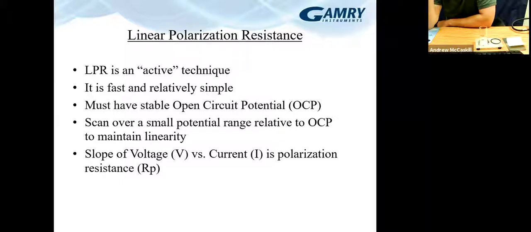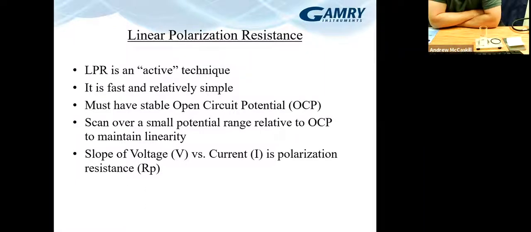It is a very fast and simple experiment to perform. The devil's always in the details, and the devil might pop up today. We'll wait and see. But compared to traditional weight loss experiments, we're just orders and orders of magnitude faster, and it's a good first step in figuring out what the corrosion rate of your material is, comparing different materials, see which one's going to perform better.